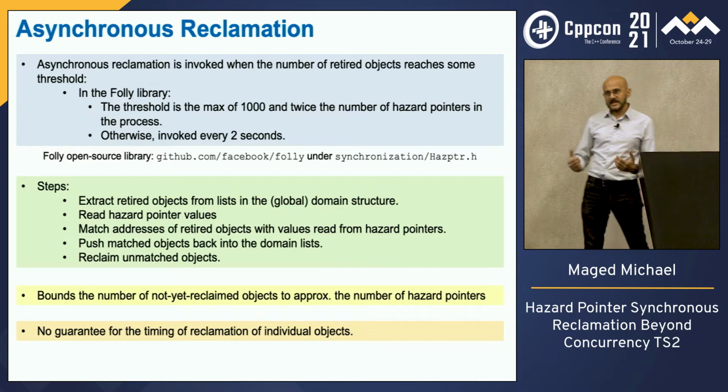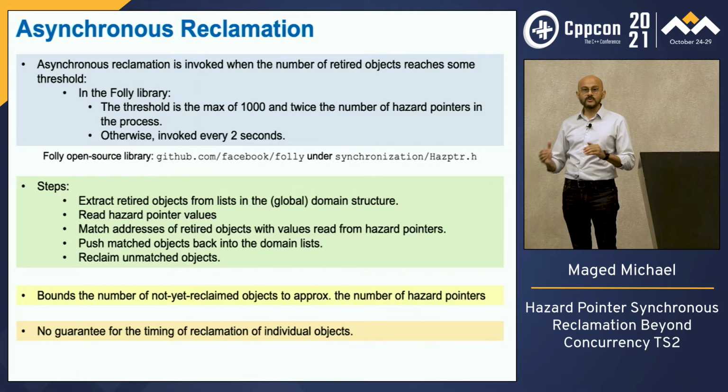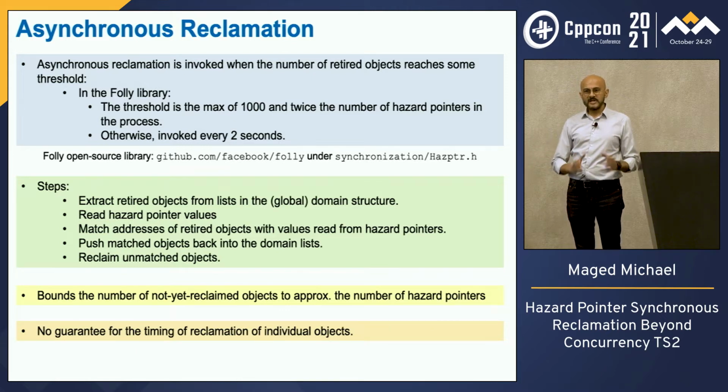So the steps to do asynchronous reclamation are to first extract the objects that we plan to check for whether they're reclaimable or not. Then we read all the hazard pointers and collect these values, and we match the addresses of the objects against the hazard pointer values.